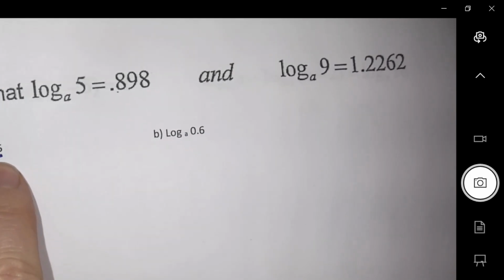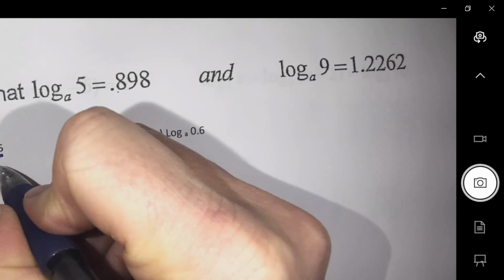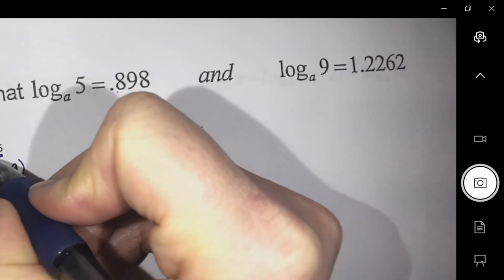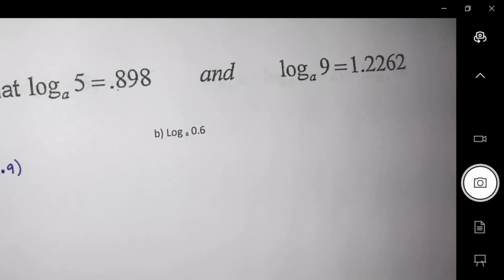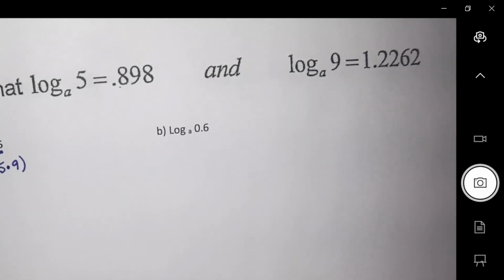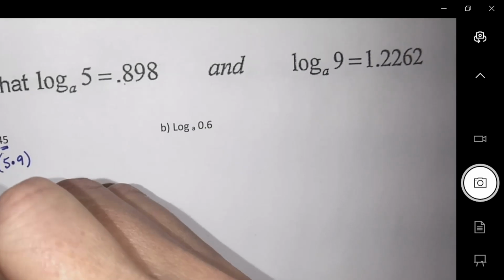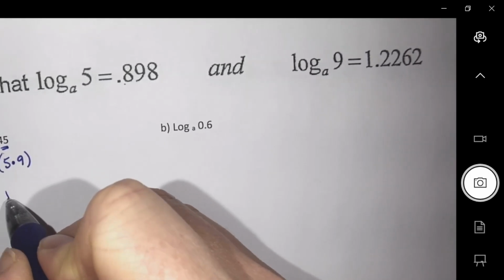So 45 could be the same as 5 times 9. Okay, that's how I got a 45. How do you separate this with the rules? You separate with an add.